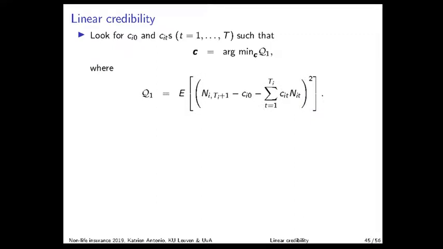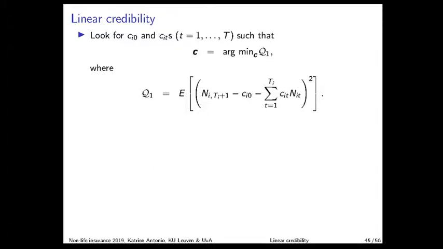The coefficients c_i0 and the c_it's involved in the predictor for N_i,t_i+1 are obtained from the minimization of an expected squared difference. That is, these coefficients are retrieved by minimizing the following squared error loss expression.